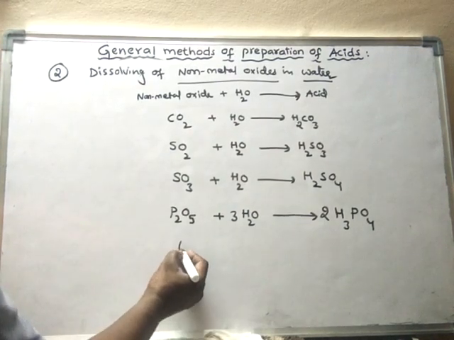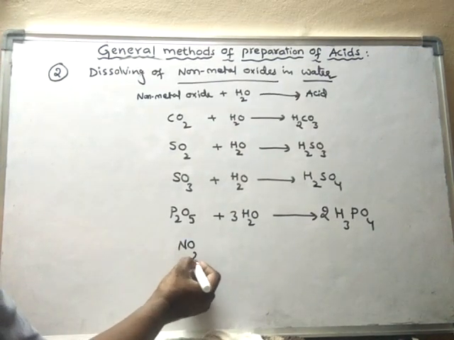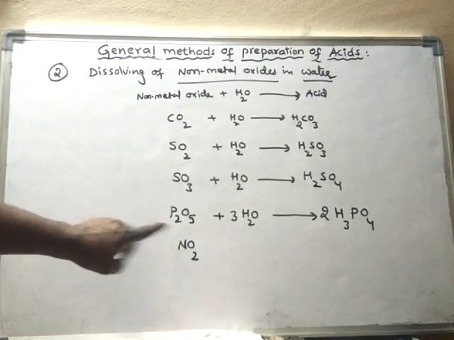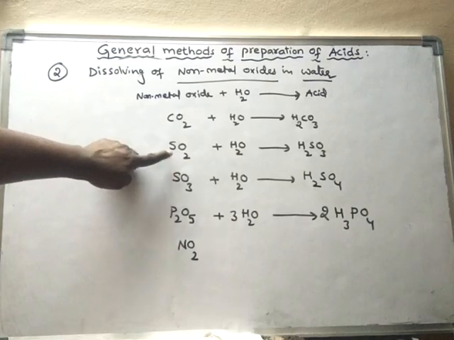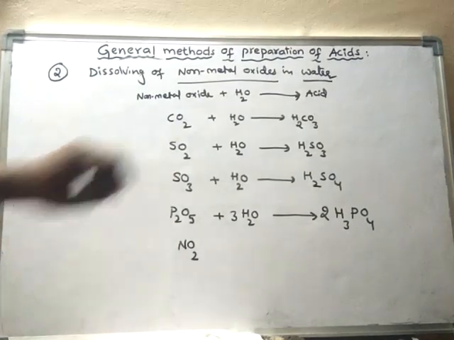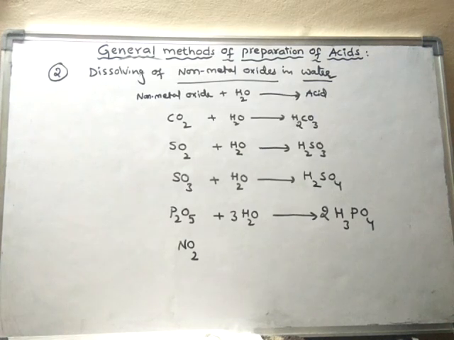Nitrogen dioxide, NO2 gas, we already learned that this is a reddish brown colored gas. Sulfur dioxide is cough causing.